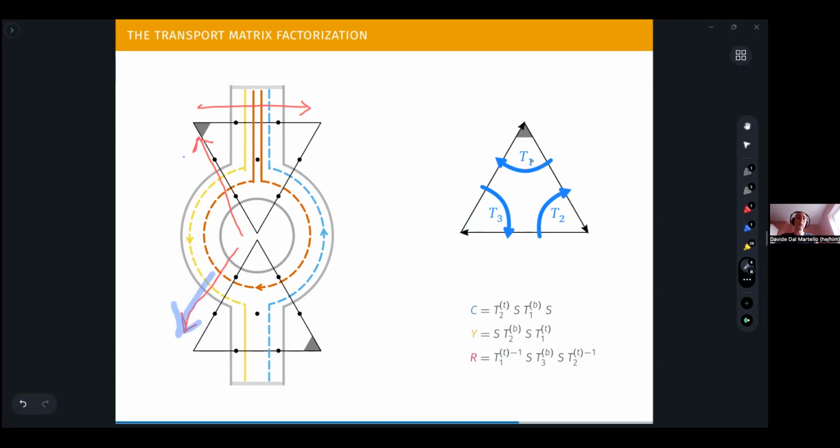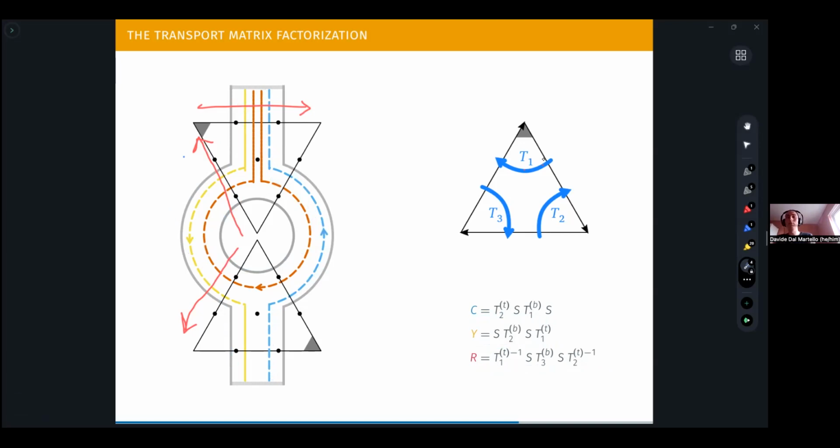So I need to flip this, and the theory also gives me a building block to do so, which is this S. So modulo, say, up to an S here and there to rectify and make everything consistent in terms of orientation, I get a factorization of all these paths, the blue, the yellow, the red, in terms of a string of transport matrices.